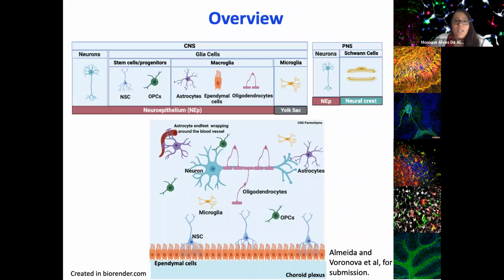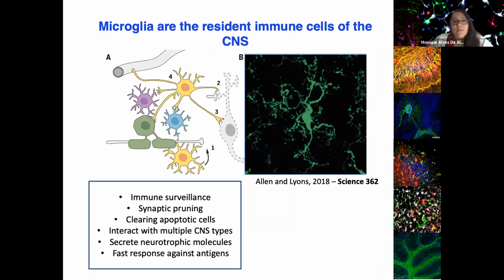Last but not least, I will switch gears and talk about microglial cells, which originate from the yolk sac. As microglia come from a different origin, they are quite different in function. Microglia are the resident immune cells of the brain, and in addition to immune surveillance roles, microglia are also constantly monitoring brain activity by extending and retracting their highly ramified processes.